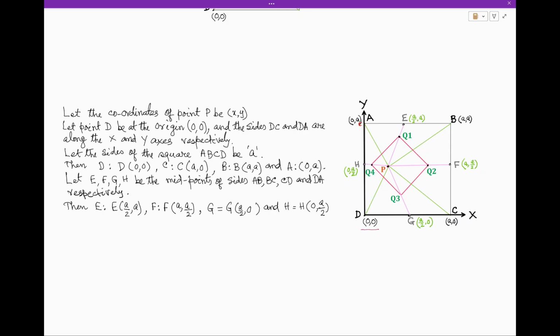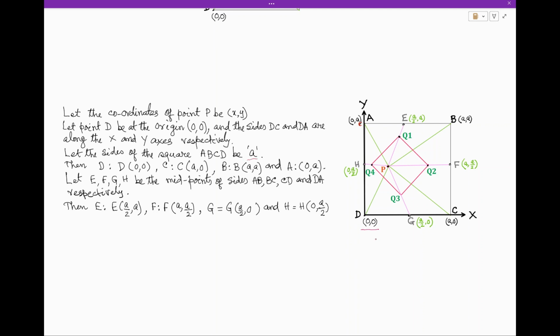By doing this, we are not in any way constraining the problem, without sacrificing generality. Let the side of the square ABCD be a.